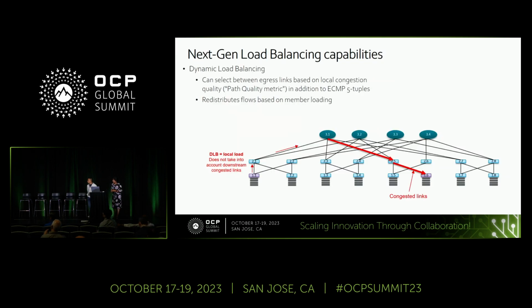OK. Let me go to this topic of the enhanced load balancing capabilities. Before I touch upon dynamic load balancing, let me just give a 30-second refresher on how the traditional ECMP works, right? The traditional ECMP is based on static hashing, like using the 5-tuple hashing and the modulo operation.